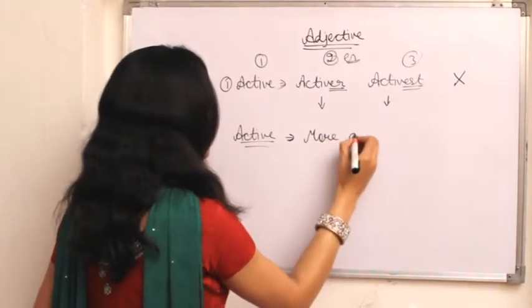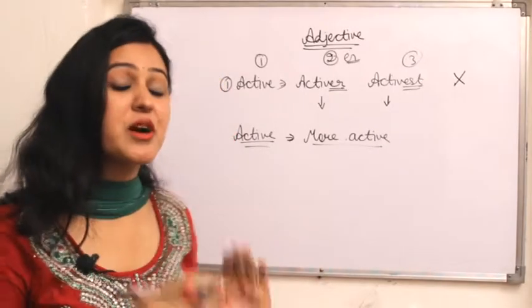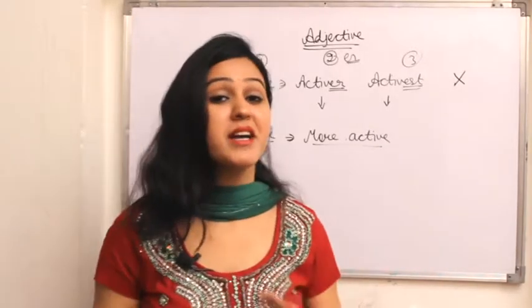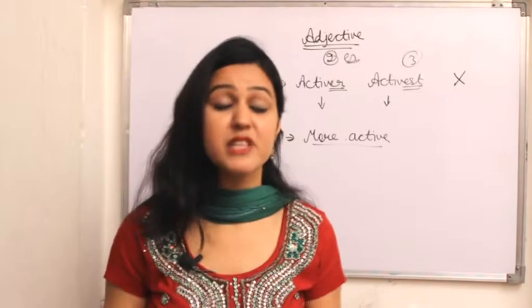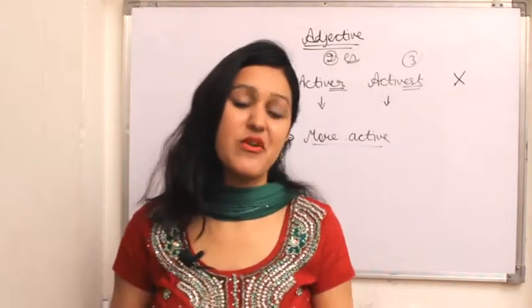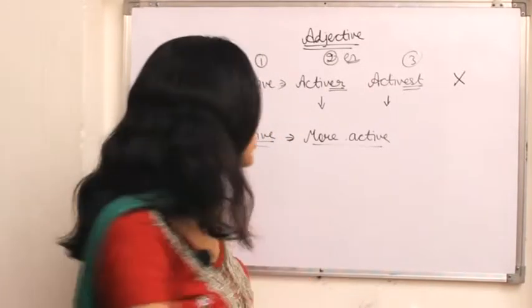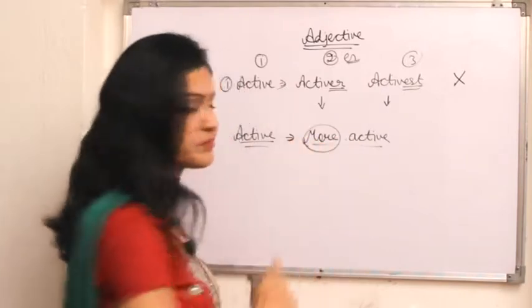Okay, so now I write here more active. So this is about comparative form. When you're comparing two persons or things, it is in the form of comparative form. Okay, so I use here more.